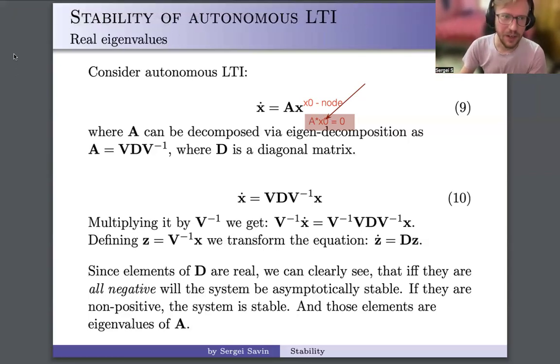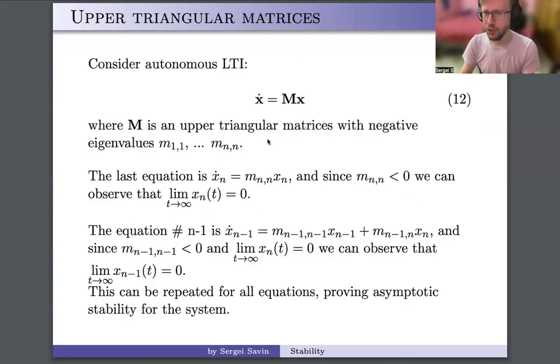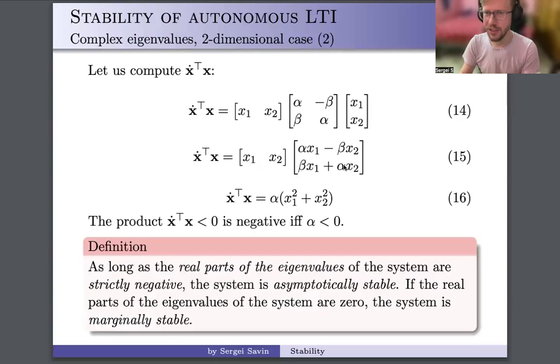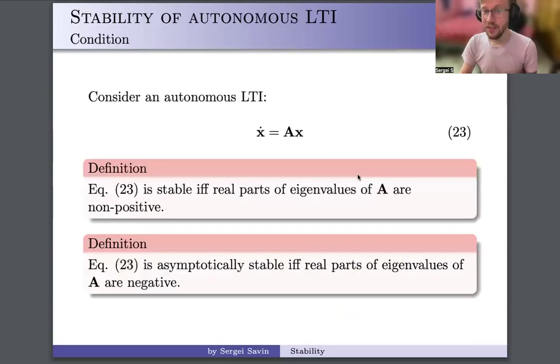So that is the reason why we were so nonchalant about explaining which node we talk about. Notice in this proof, there is no mention of which node we are talking about. Here, neither. In fact, if the system is asymptotically stable, it implies the matrix A is full rank.